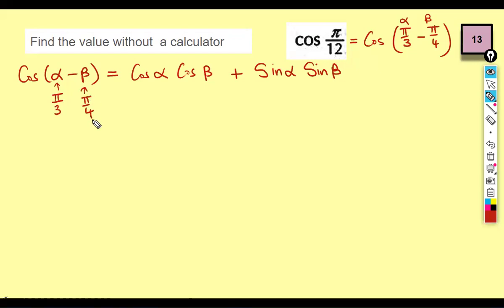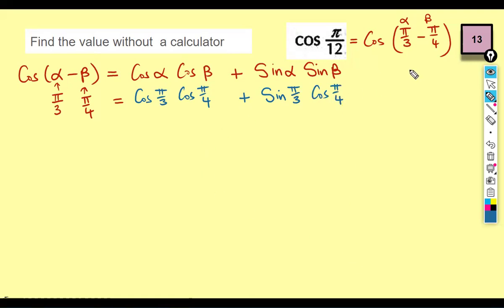Because I'm calling this from memory and I do make mistakes. Right? I do not want to work with the degrees. If the examiner in these types of questions gives you the angle in radians, I want you to work the whole thing in radians. Let's keep on the good side of the examiner. So start replacing the alpha and beta now. So we have cosine pi on 3 multiplied by cosine pi on 4 plus sine pi on 3 multiplied by cosine pi on 4.